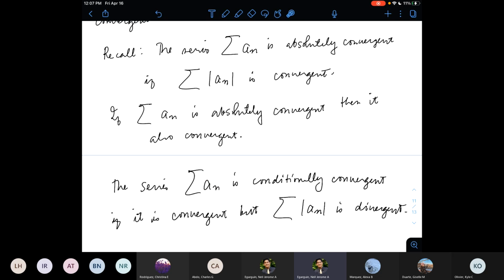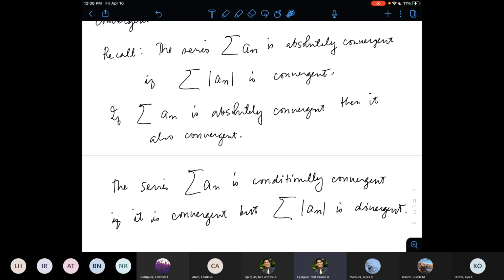But I think that discussion would be for higher math courses. That's the essence of being absolutely convergent. For us, the only purpose of absolute convergence for now would be for power series, but they do have much more theoretical implications.